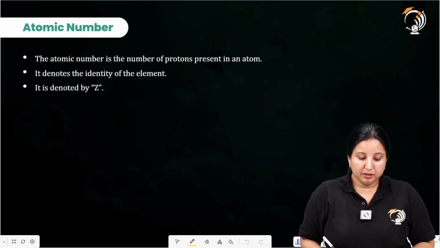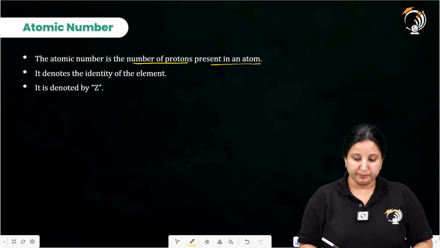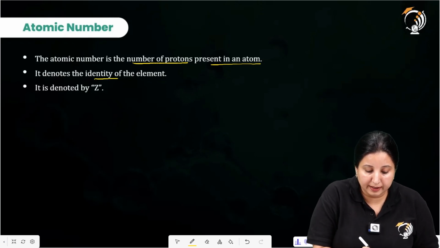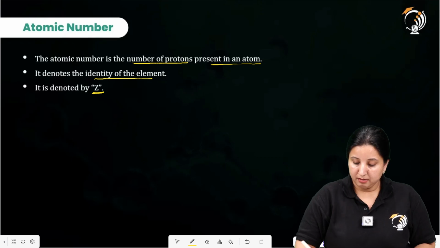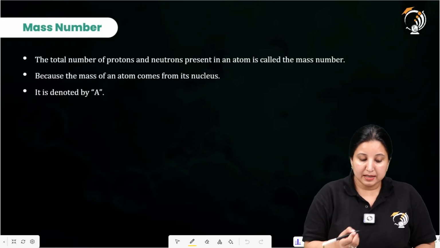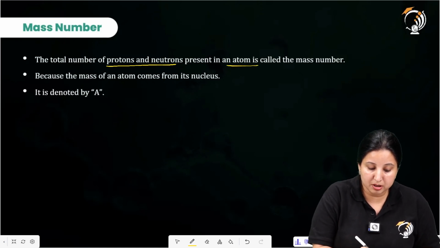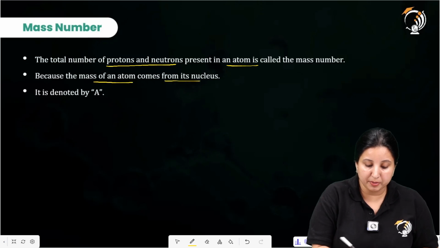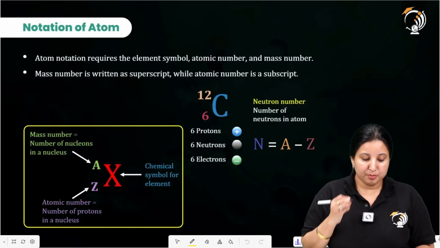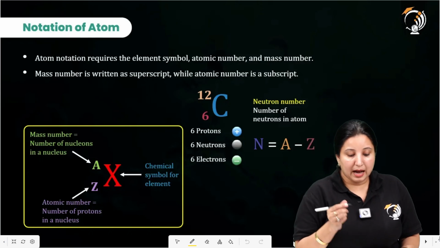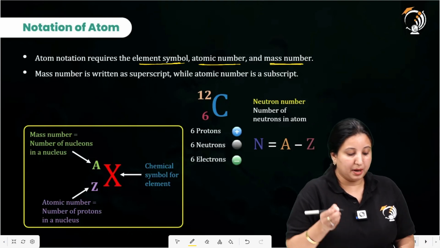Now, what is the atomic number? Atomic number is basically the number of protons present in an atom. It denotes the identity of the element and it is denoted by the letter Z. Mass number is the total number of protons and neutrons present in an atom, because the mass of the atom comes from its nucleus, and it is denoted by the letter A. So basically, atom notation requires the element symbol, atomic number and mass number.